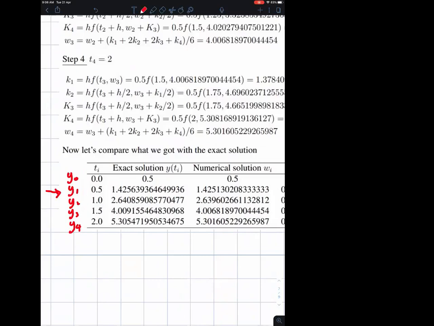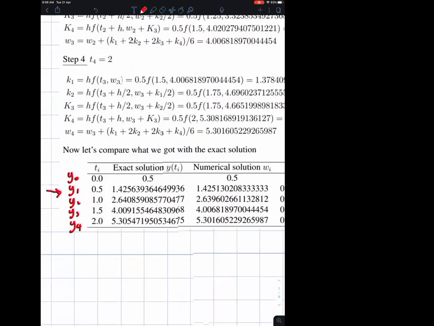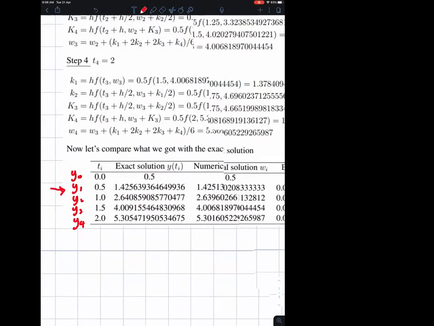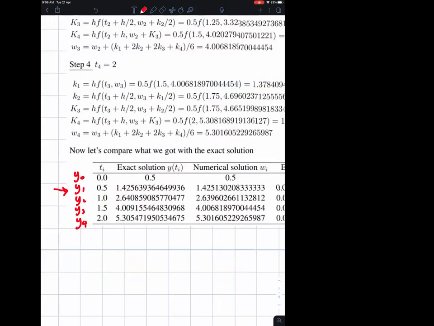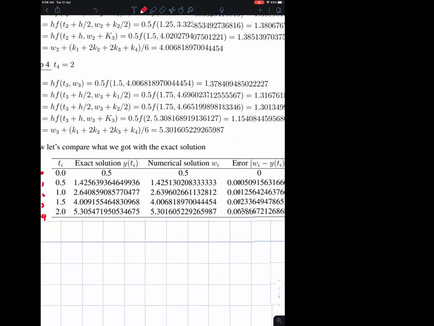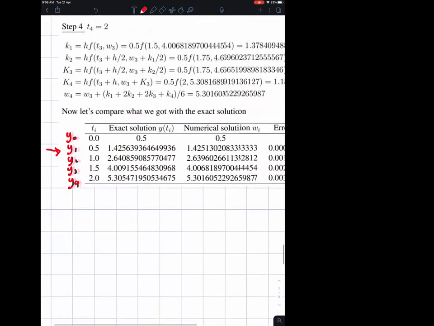Do the numerical solution for y1, then find the exact solution for y1, and then calculate the error. Put your answer in a table like this.